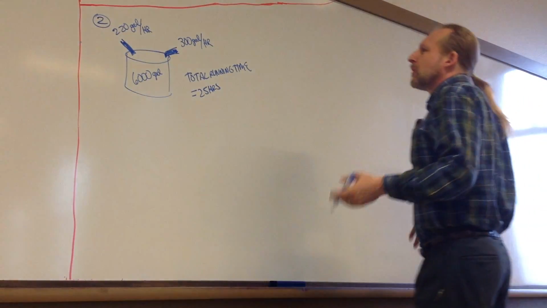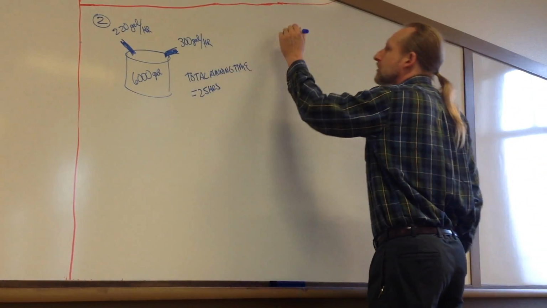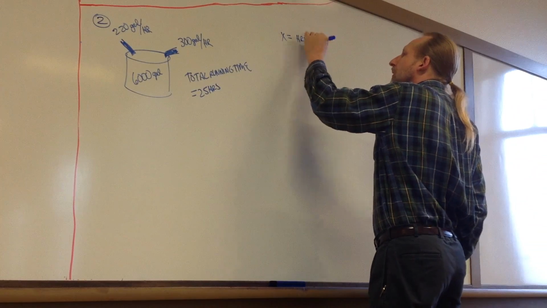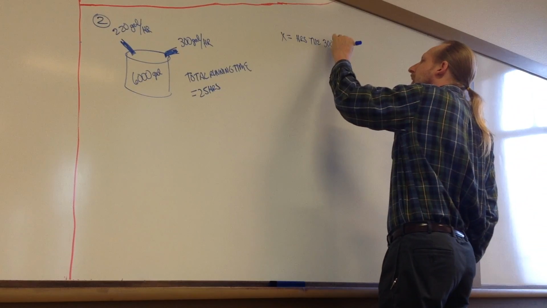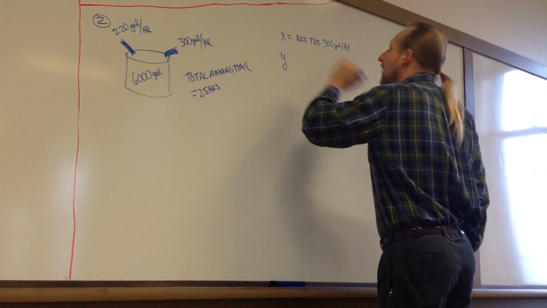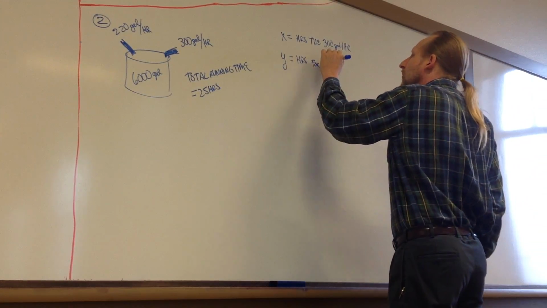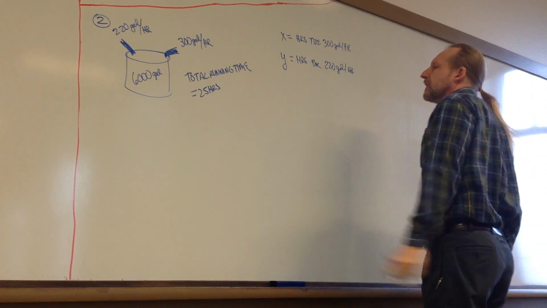After that, we want to assign variables. So we'll say that x is the number of hours that the 300 gallons per hour spigot was running, and then y is the hours for the 220 gallons per hour spigot.